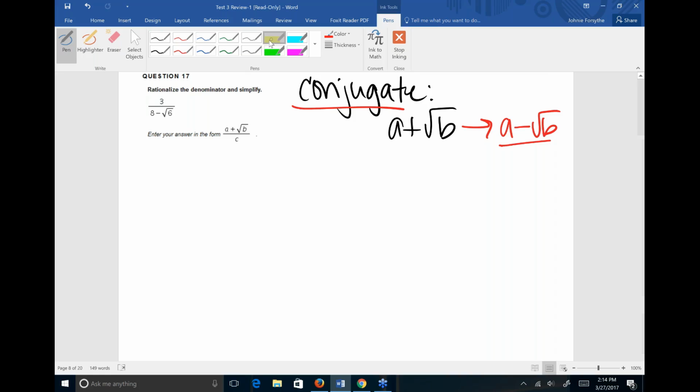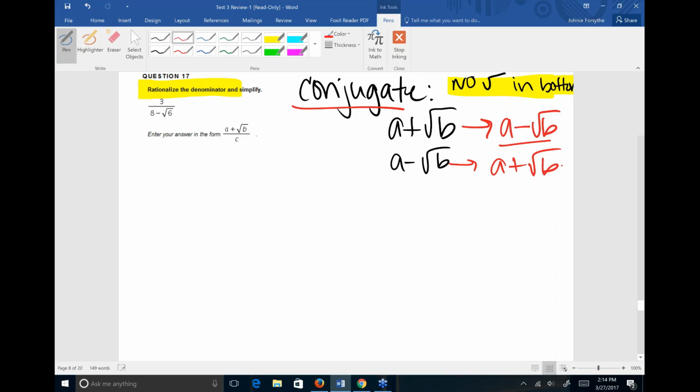And again, rationalize denominator means we do not want a square root in the bottom. So we're going to multiply the top and bottom by the conjugate, and that's going to help us get rid of that. And so again, if it was a minus the square root of b, the conjugate would be a plus the square root of b. So just change the sign. That will give you the conjugate.